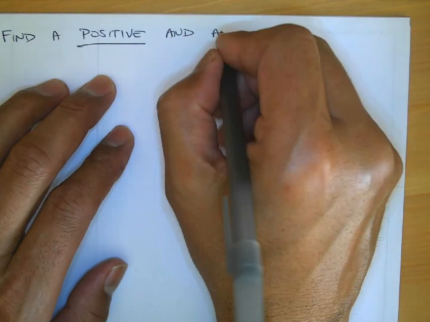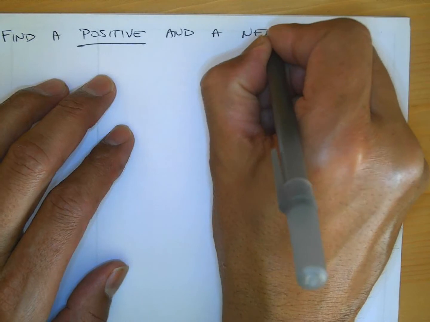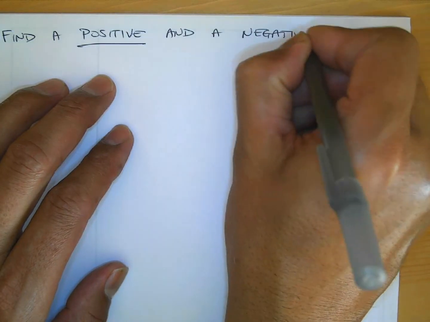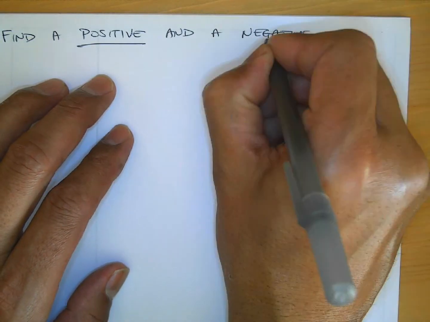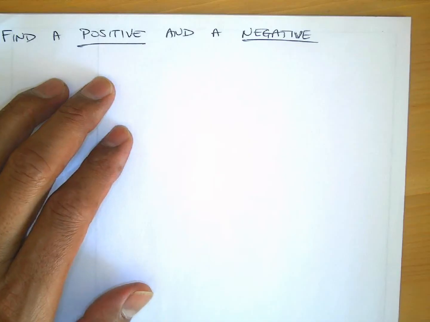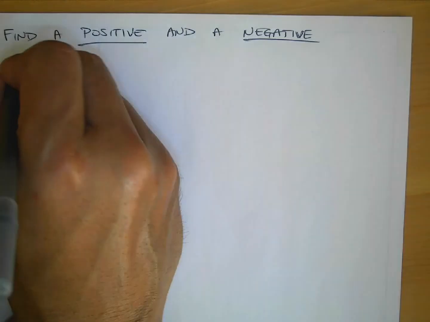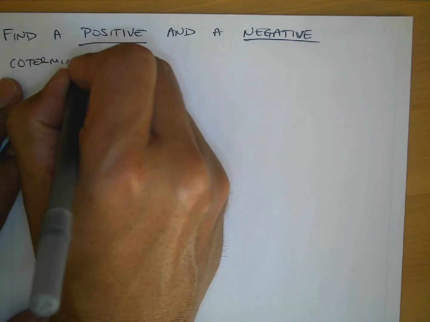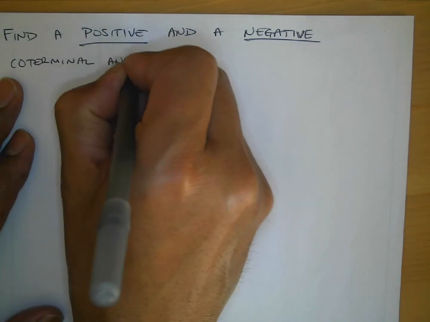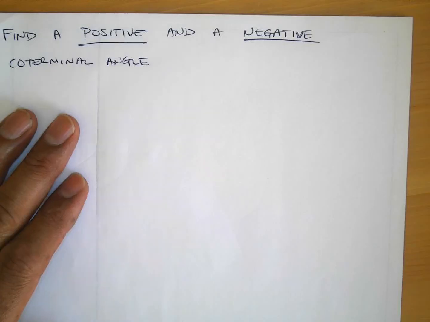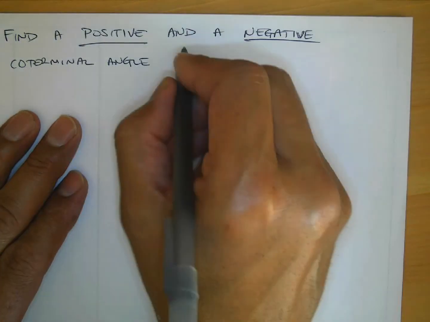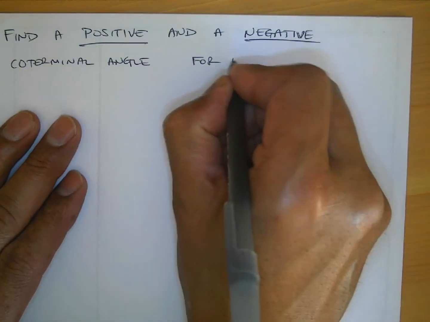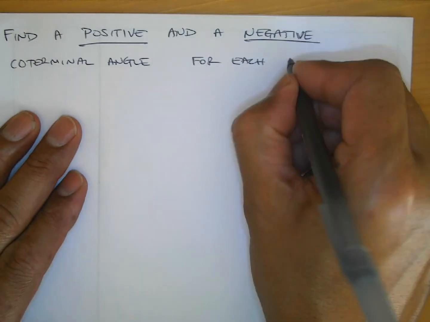You've got to find a positive and a negative coterminal angle for each given angle.